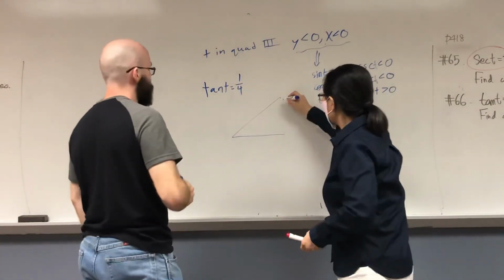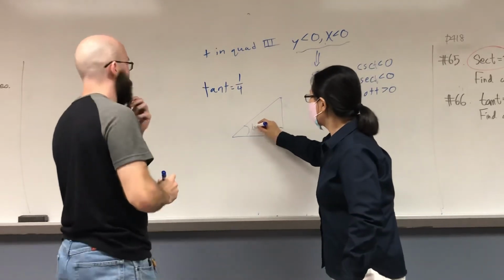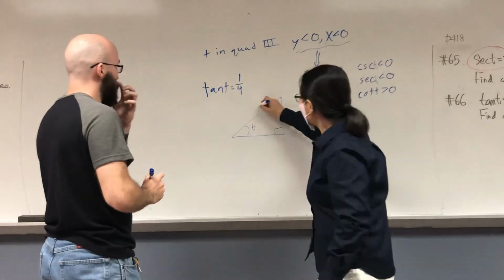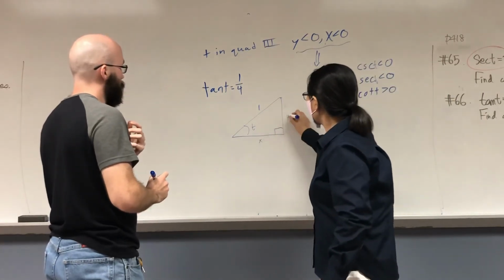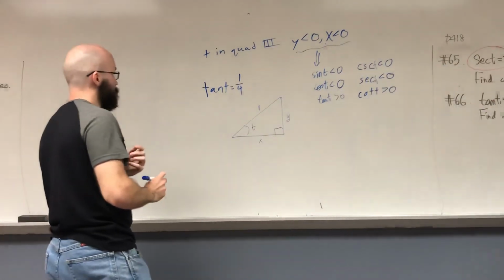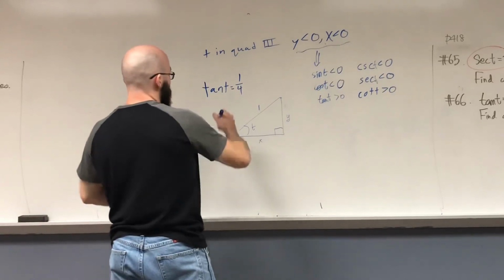Now, based on this, you can think about the triangle. Yes, I'm teaching differently. This is, let's say, your t. We assume t is t tilde, yes? And then this is always 1. This is x and this is y. How do you figure out x and y?